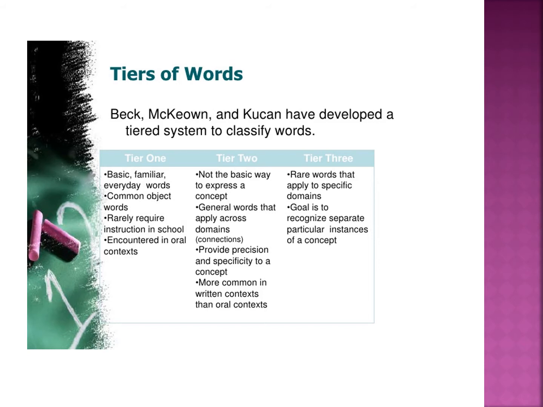And then Tier 3 words are really rare words that only apply to specific domains. And the goal is to recognize the particular instances when that word needs to be used in order to be successful with your content.